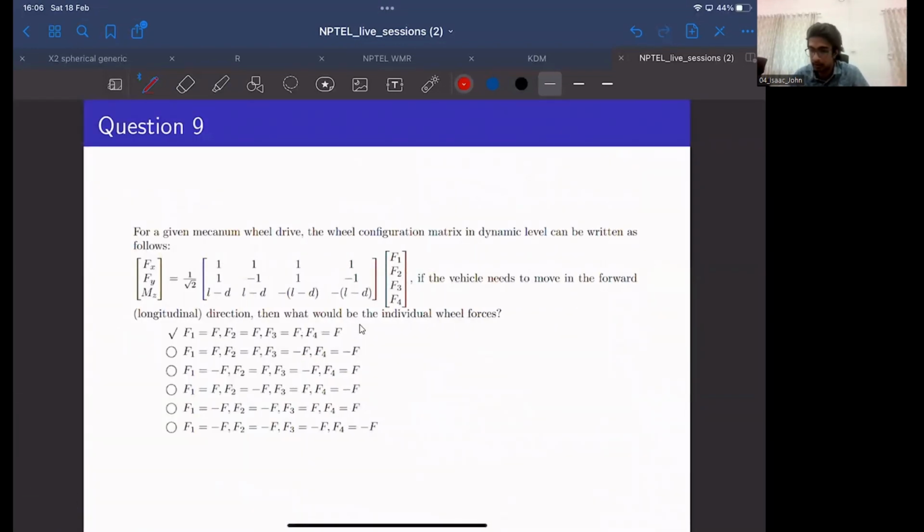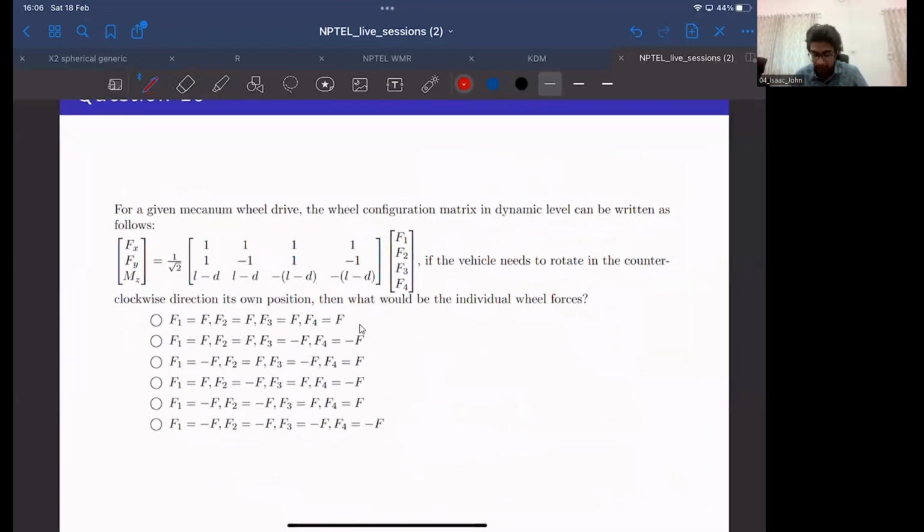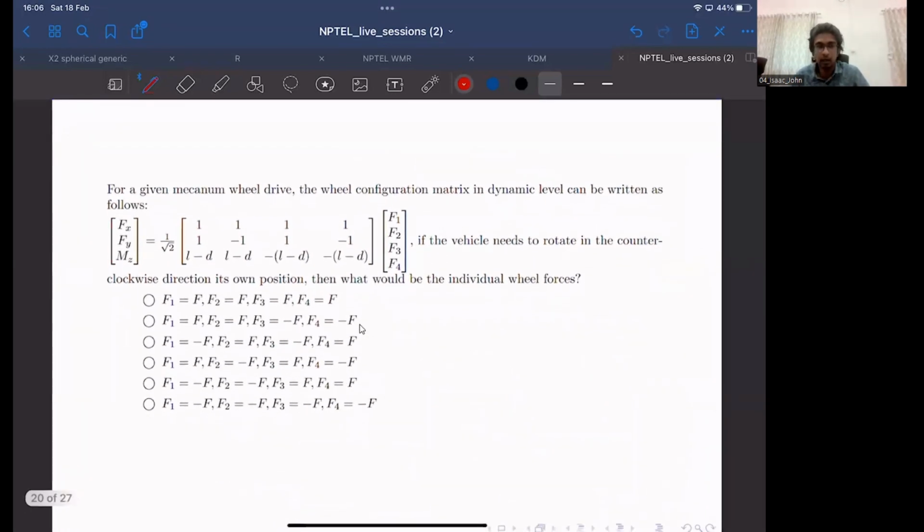I hope that is clear. Again, a similar question; it is exactly opposite to the case that we have already seen. Now the question specifically says the vehicle needs to rotate in the counterclockwise direction.